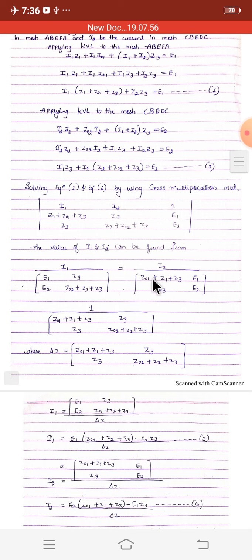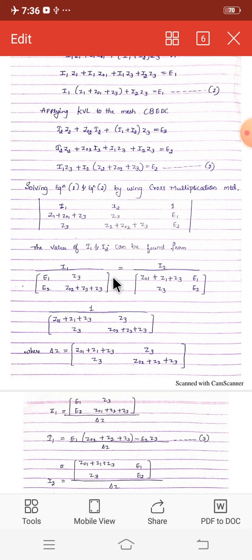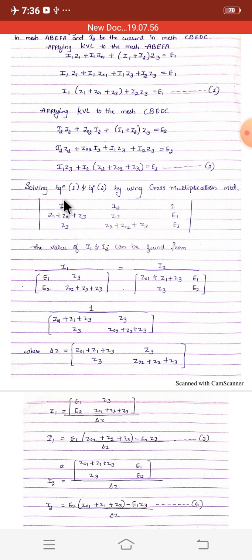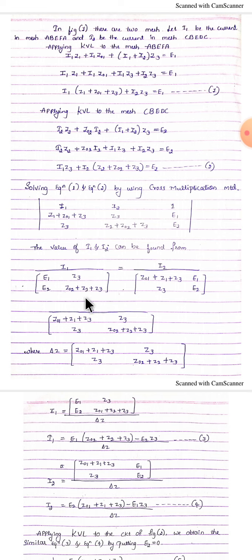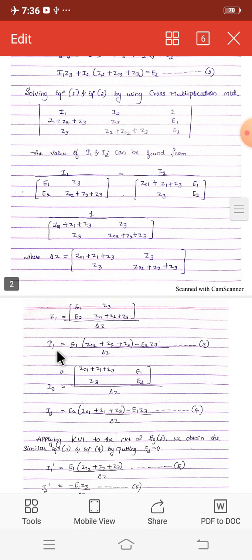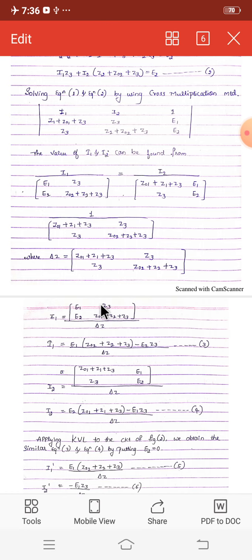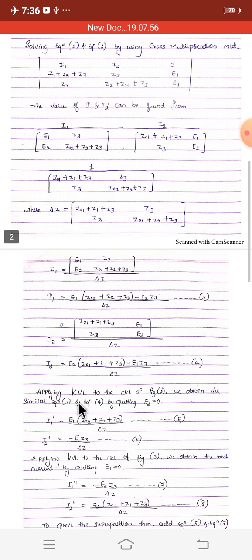This matrix multiplication is easy. Already in your mathematics you solved many more examples based on this matrix method. First I1 as it is, so leave this column and row, write the remaining terms. Similarly I2, now write 1 divided by this. Next consider this as delta Z. So I1 equals this term divided by delta Z. Solve this equation, and here I2 equals this much.